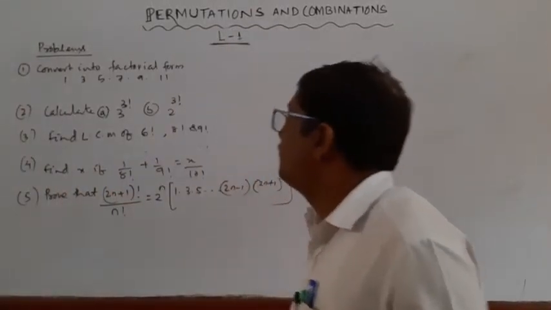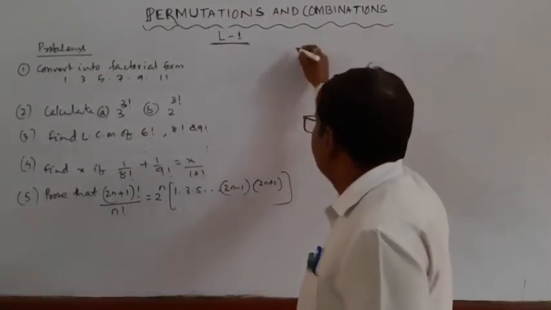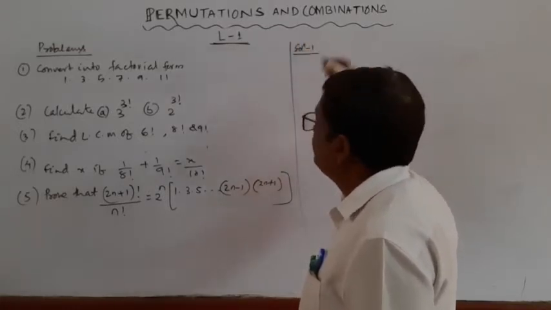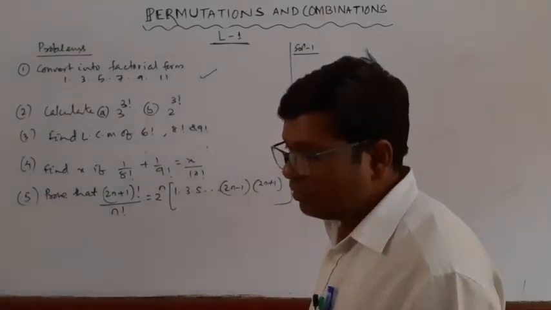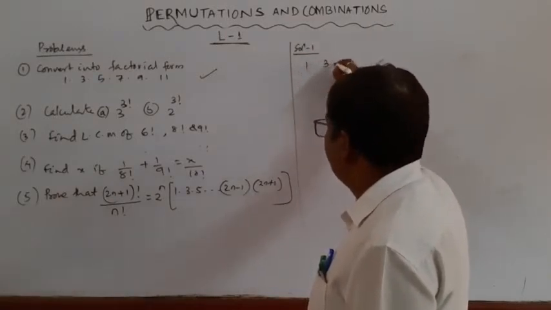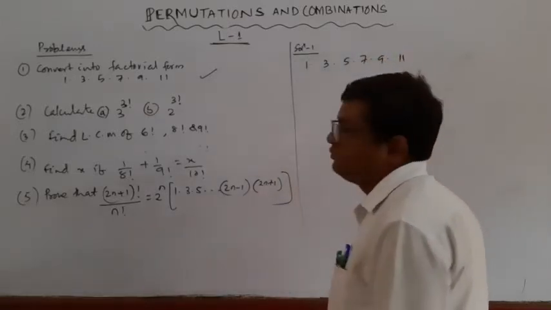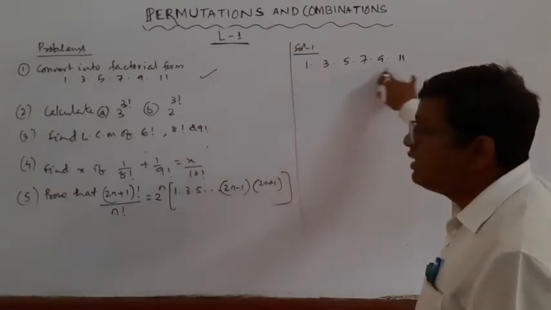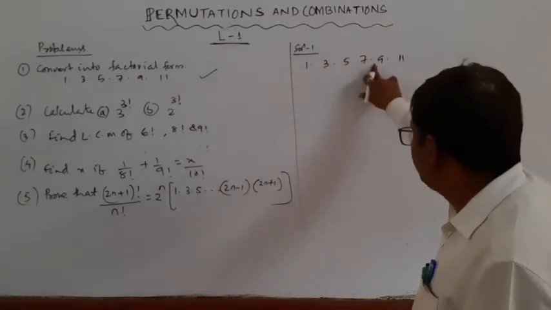Convert into factorial form. Solution of question number 1. The factorial form is the product of serial numbers. So we have 1, 3, 5, 7, 9, 11. For factorial form, it is required to maintain the series. So 2, 4, 6, 8, 10 are absent.